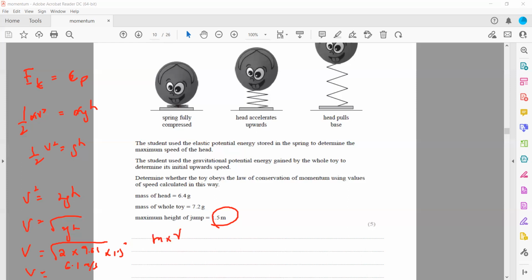The mass of the head, 6.4 gram, we convert into kilogram, which is 0.0064, multiplied by the speed at which the head is moving, 6.1. So the momentum of the head is 0.039. That is the total momentum before, the starting momentum, because in the beginning the head was moving, and finally the whole toy was moving. Now we'll calculate the speed at which the whole toy will move.